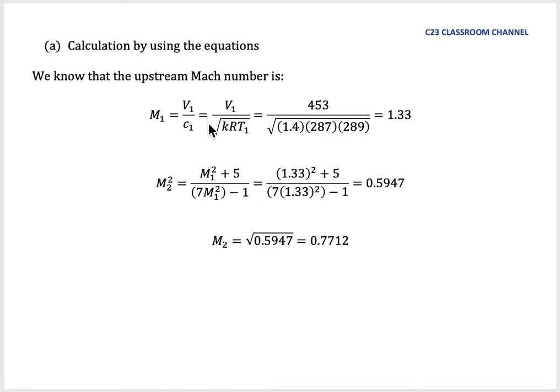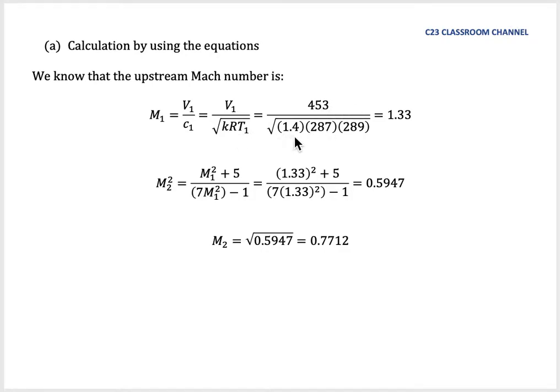First, we need to calculate what is the Mach number at point 1. We could use this equation, Mach number equals velocity over speed of sound. We calculate speed of sound by using the equation square root of kRT here. We substitute all the values. The velocity of gas is 453 meter per second.